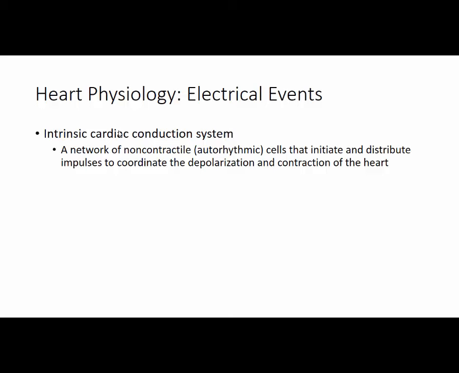So the SA node fires at a rate of about 100 beats a minute. But because of parasympathetic stimulation also serving the heart and acting on the SA node, that brings it down to about 75 beats per minute.